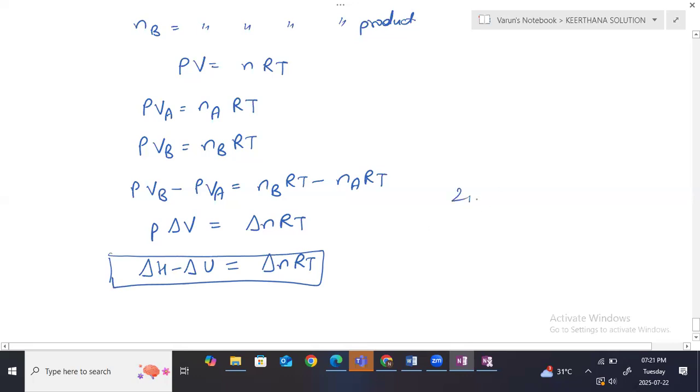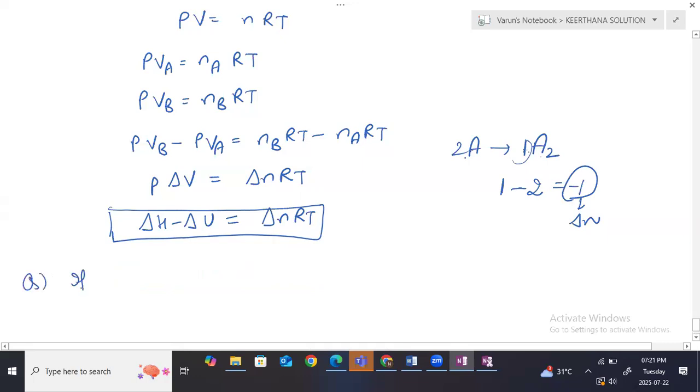Suppose I am having this reaction, and I have everything, reactants and products, in gaseous state. So 1 mole minus 2 moles, that is, the moles of product minus the moles of reactant, then I will get minus 1. That minus 1 will be the value of my delta n. Clear?